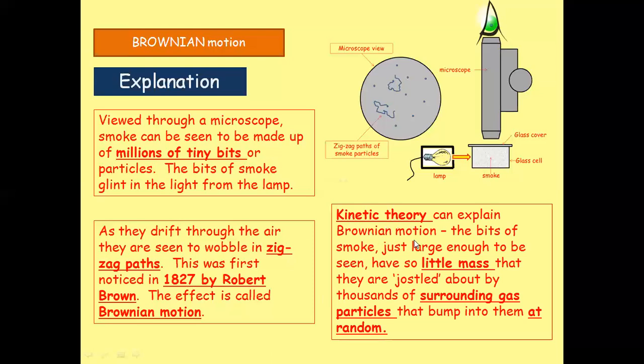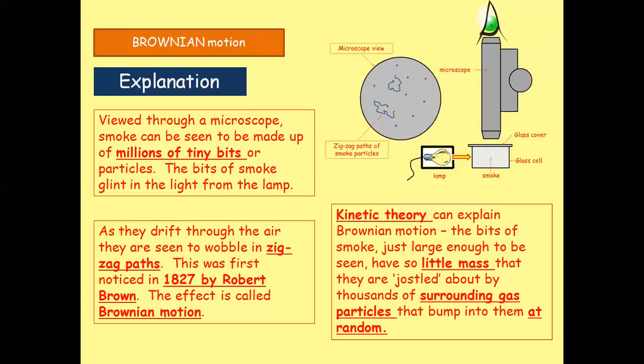Now, the kinetic theory can explain the Brownian motion. The particles of smoke collide with the tiny air particles that are already suspended inside. The motion of the air particles makes the big particles, the smoke, move in this shape of motion.